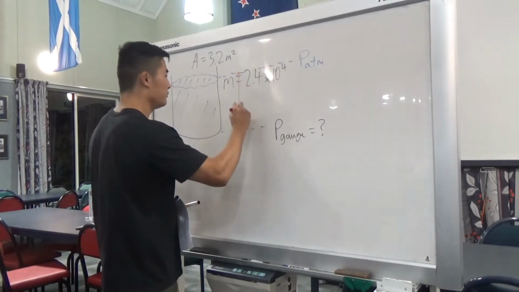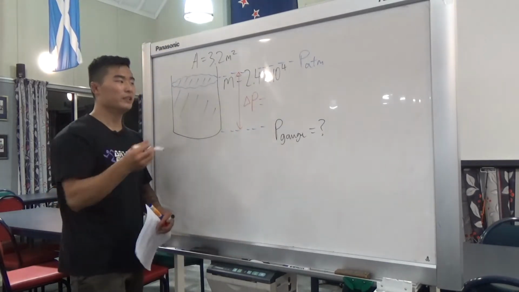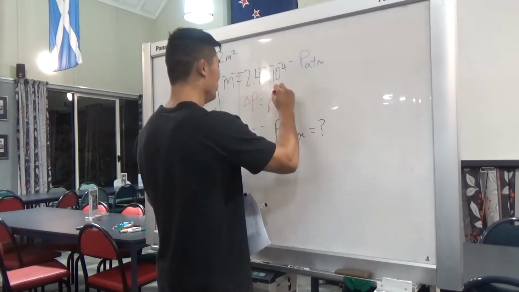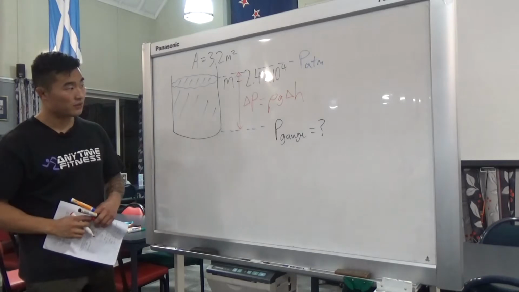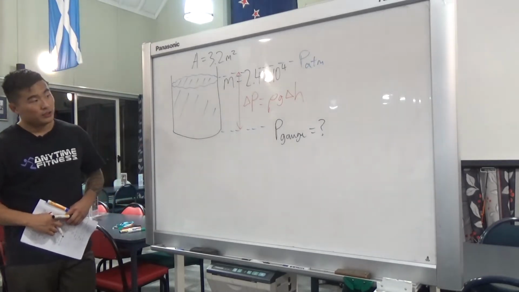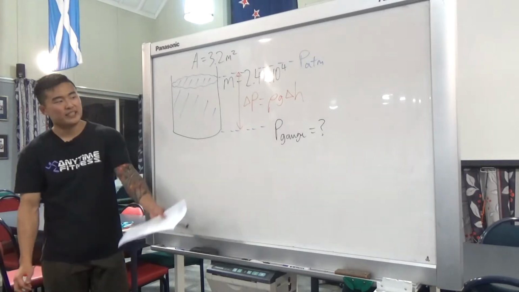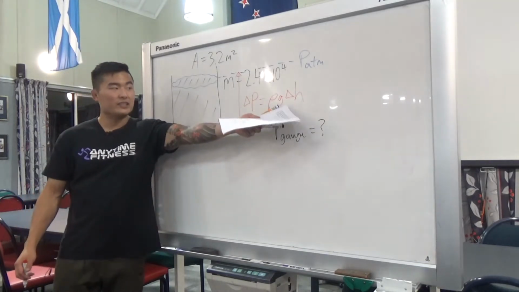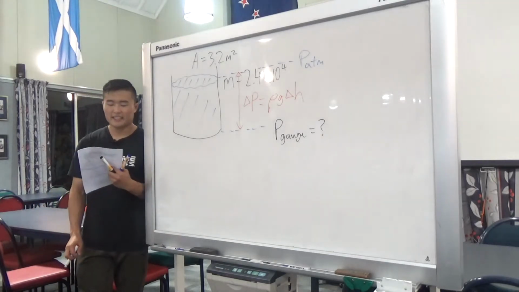So that means we just need to calculate the difference in pressure, or delta P, which is going to be rho G delta H. Okay? So here, it's a bit hard because we don't actually have the height of the tank.